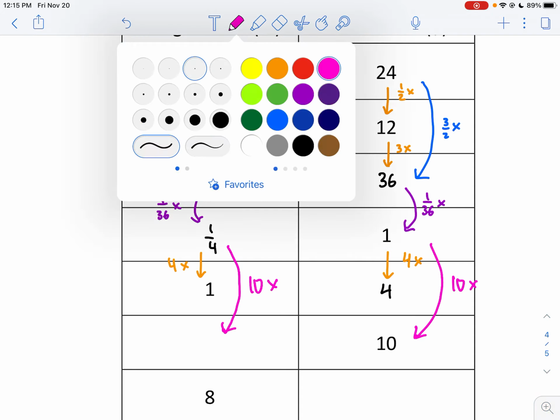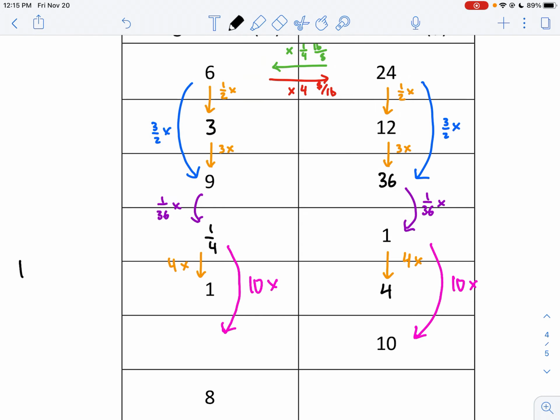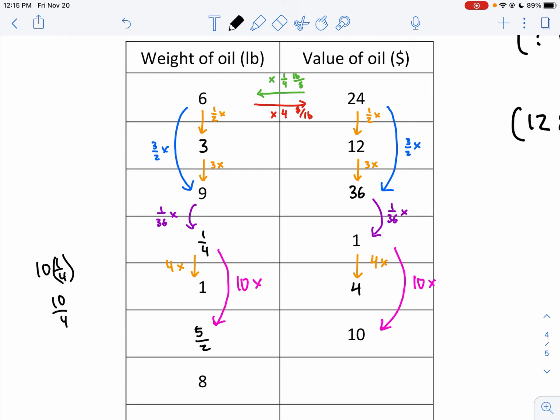Multiply by 10. And so that takes me to, let's do that over here. We do 10 copies of a quarter. That's not 10 and a quarter, that's 10 times a quarter. That's 10 quarters. That's 5 halves. So in other words, you can buy 5/2 pounds of oil for $10. And 5/2 is of course 2.5.